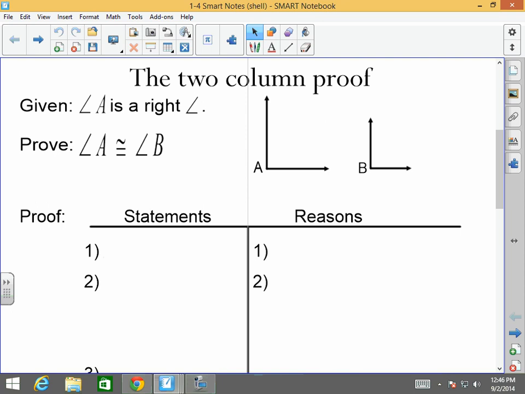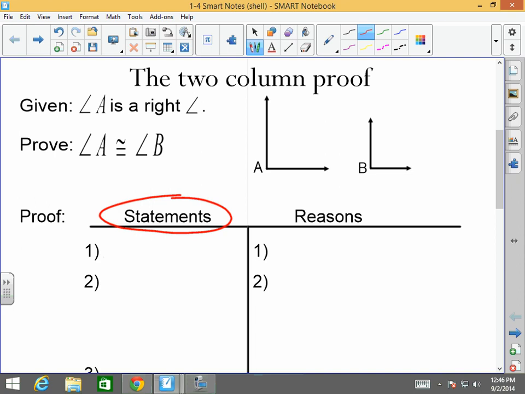Okay? So this is the way the proof is set up before I even get into it. Notice how you have two columns here. You have statements and you have reasons. You cannot put a statement down without a reason. Why? Because that's just the way it goes in geometry.